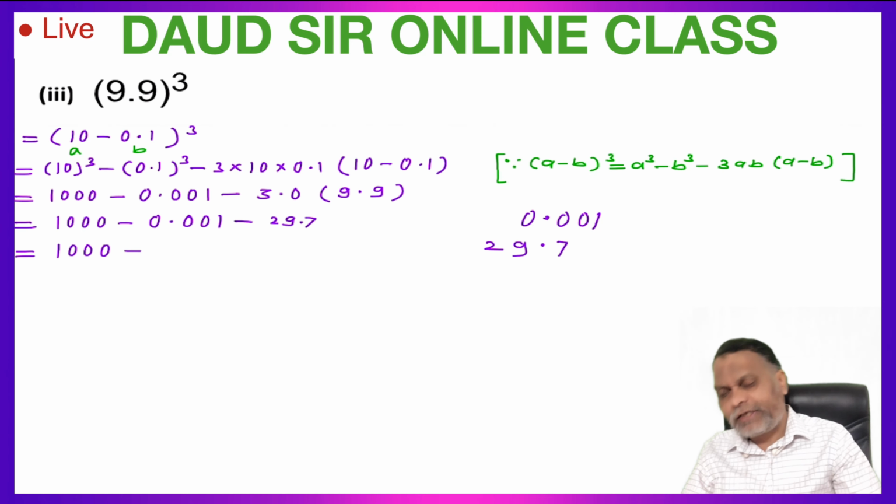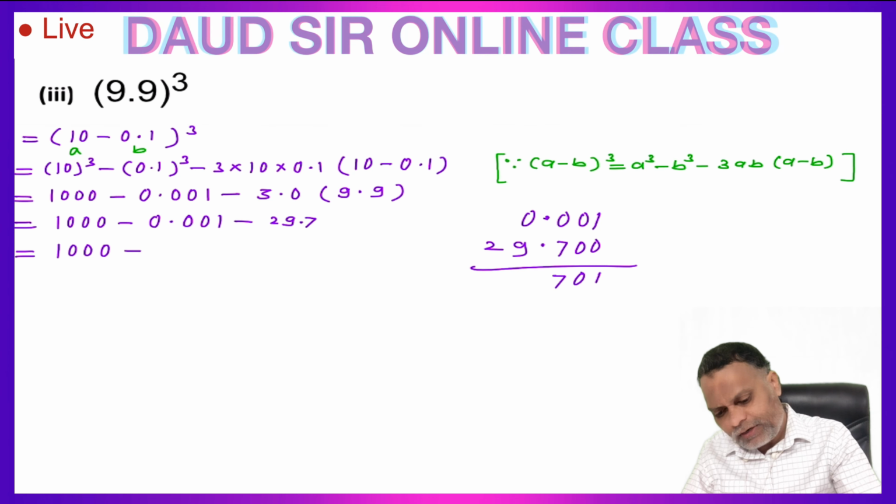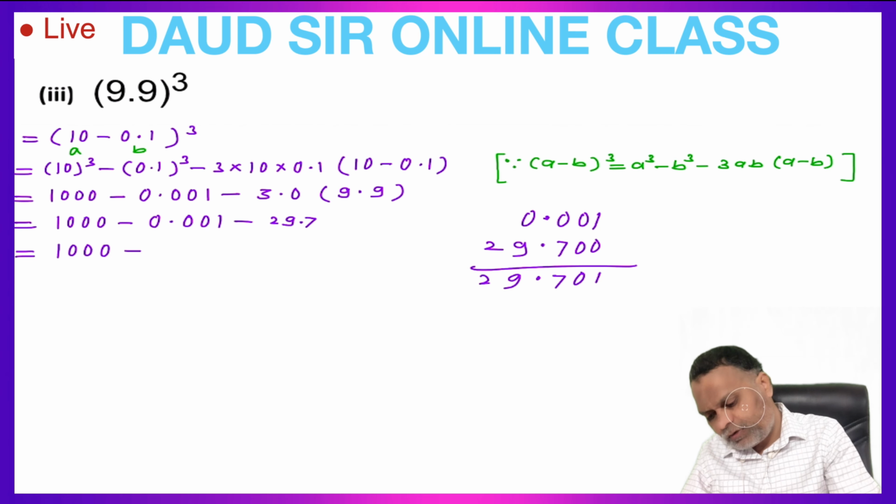When we add or subtract, the decimal points should be just below each other. So we can put 2 more zeros here, 29.710. This is 29.701.